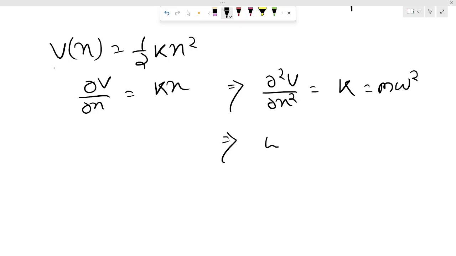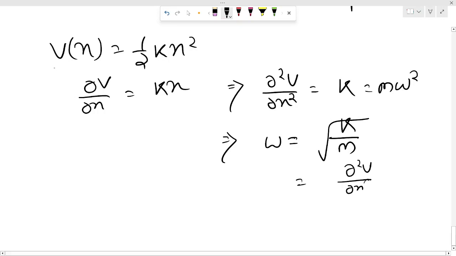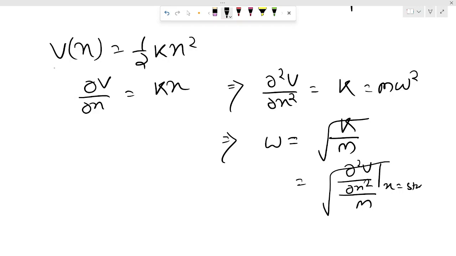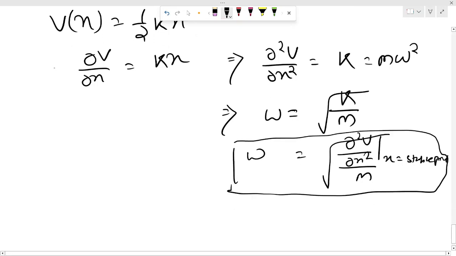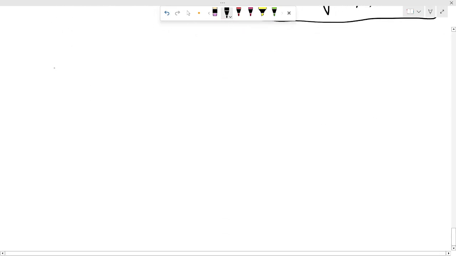Okay, so omega will become root over k upon m. I have k as del square V upon del x square, upon m, isn't it? Yes. You can say that del square V upon del x square, where x is your stable point, okay? I can write omega in this form, okay? Do you get it? So we will do an example of this, okay?